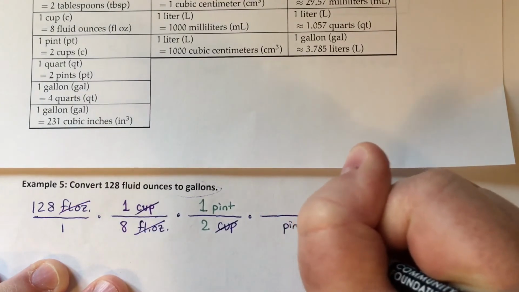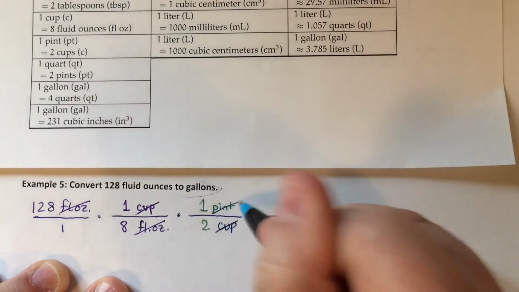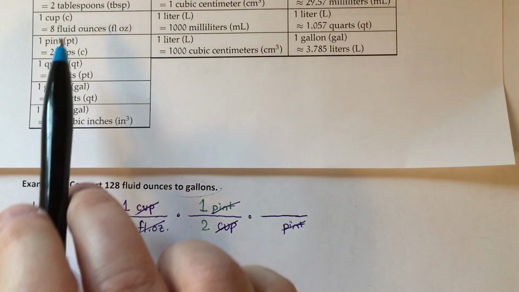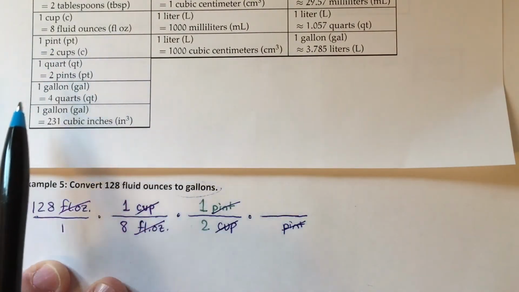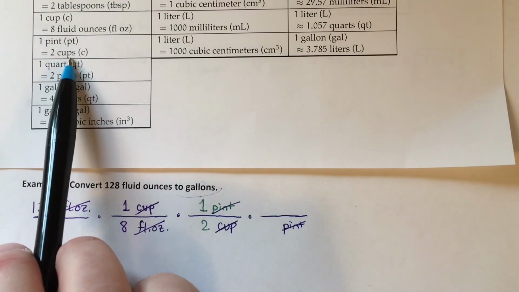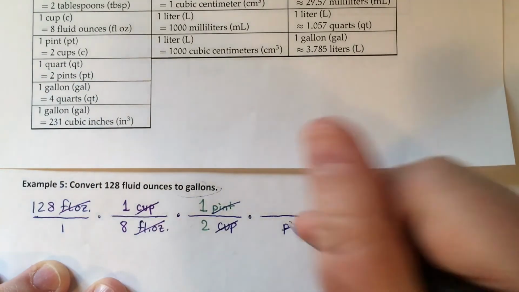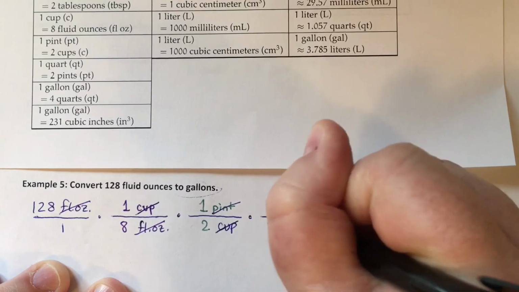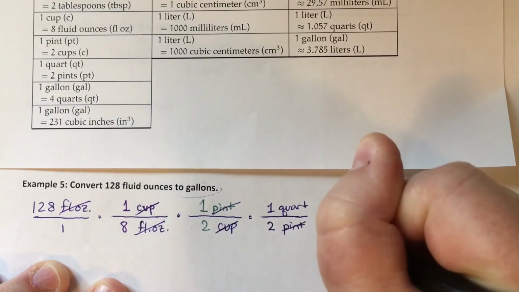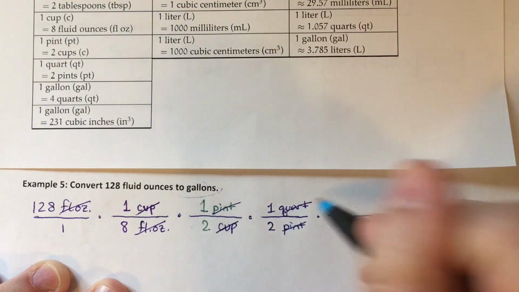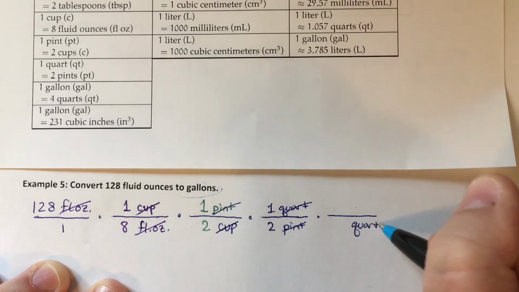So now I need pints to cancel. Pints gone. And we look in the table. What I know is, well, we already used that 1 pint is 2 cups. That doesn't help me to use again. But 2 pints are 1 quart. Let's use that one. 2 pints, 1 quart. Whew, hopefully we're almost done.